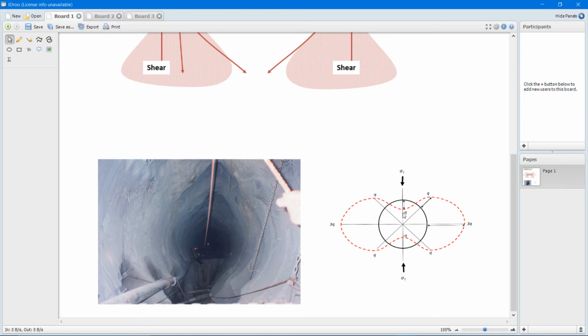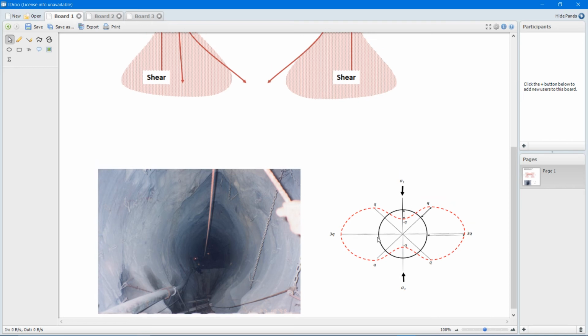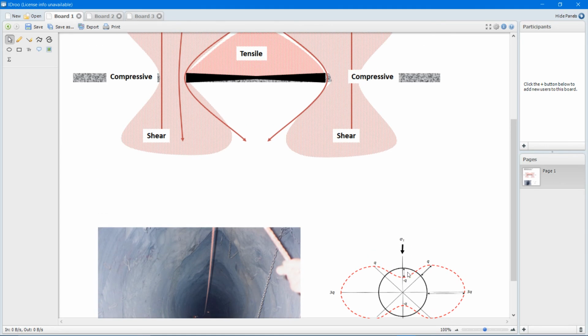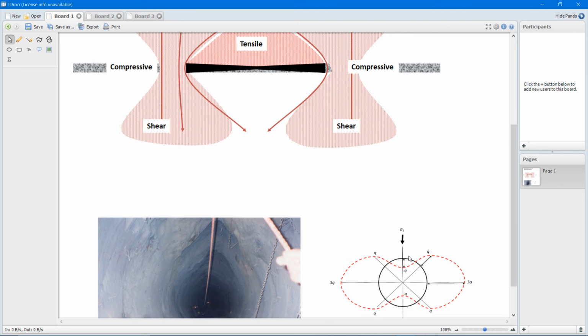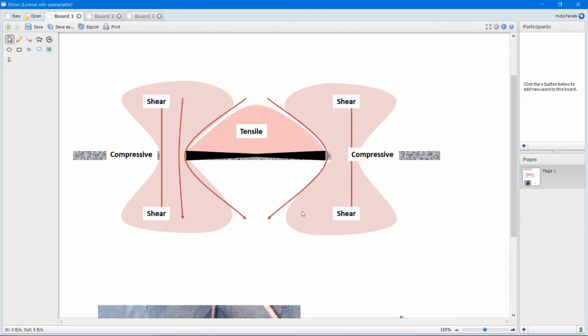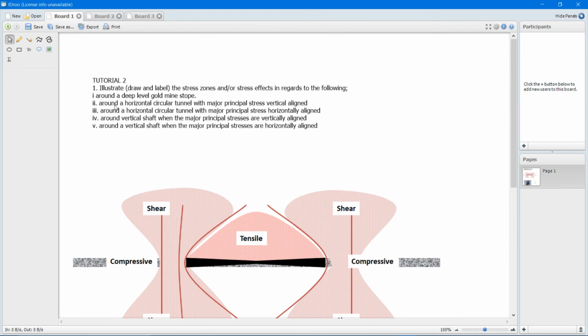So if you have a vertically aligned stress, your stress profile typically looks like that. The red dotted line would be your stress profile. So when you do represent it, you can represent it in that way, where the black is the periphery or the edge or the wall of your tunnel. So that was 2, right?